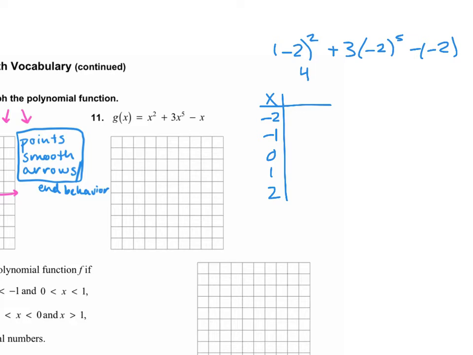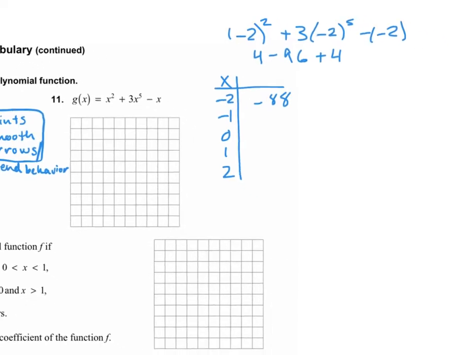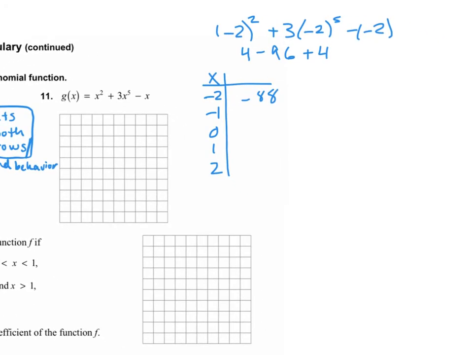That would be the fourth power. 32. -32. And -32 times 3 would be 96. So -96 and then plus 4. So this is -88. So it's going to be off our graph for sure.